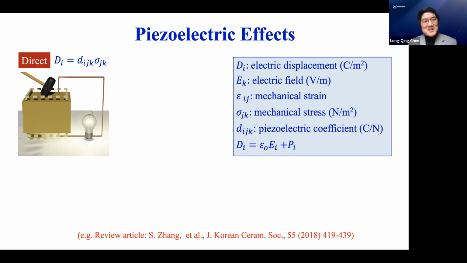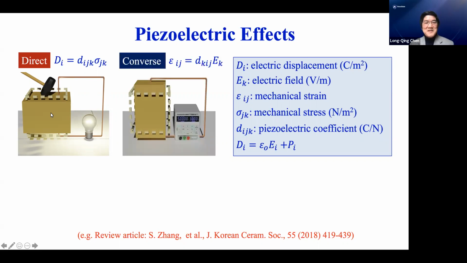And this is called the direct effect: apply mechanical stress, produce electrical displacement. Essentially, if you apply a stress, you can generate an electrical signal because of the charge produced on the surface.